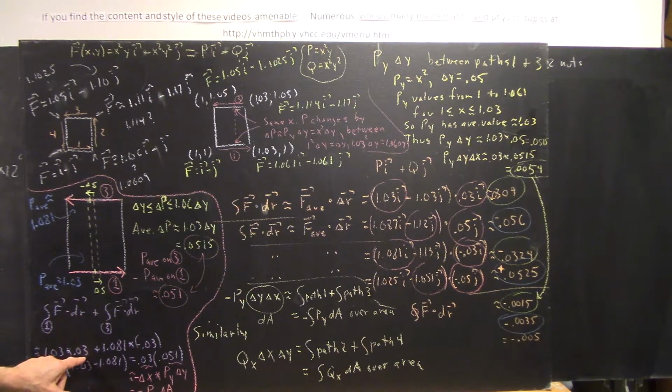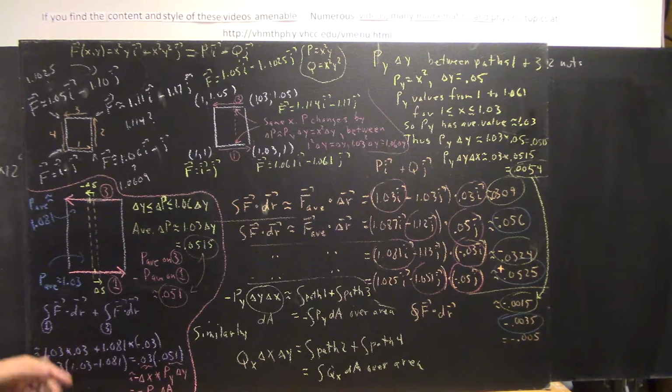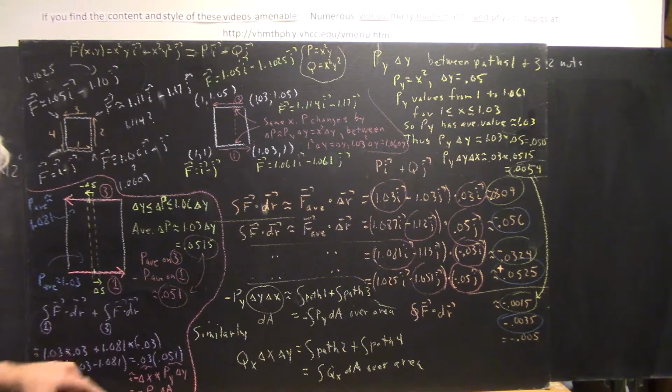It's 1.03 times 0.03. The average value is 1.03, and we're moving 0.03 units in the positive direction. So when we multiply p by our displacement, this is what we have.